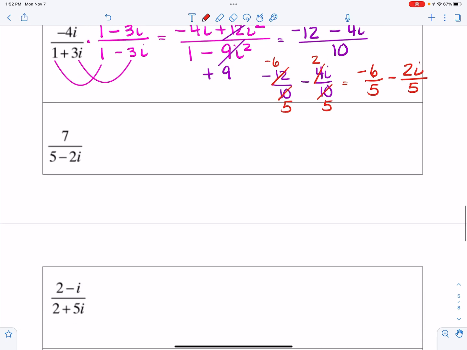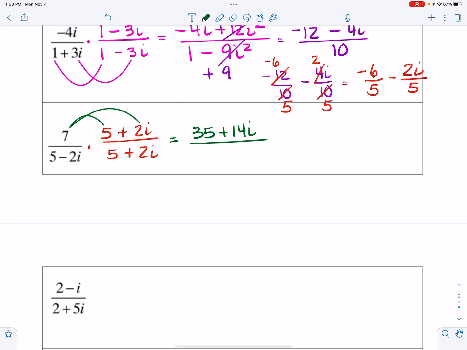All right, so continuing, we're going to multiply by 5 plus 2i over 5 plus 2i. So 7 times 5 is 35, and 7 times 2i makes 14i.